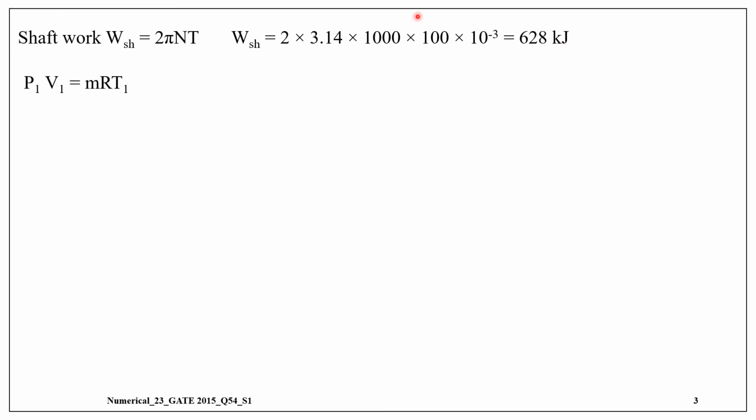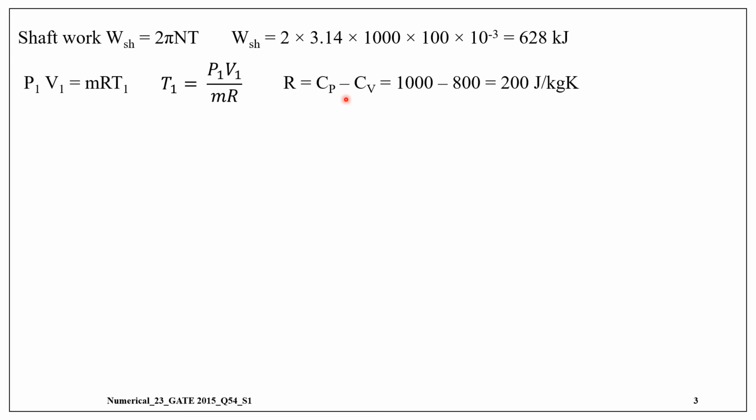And ideal gas equation is P1 V1 equal to mRT1 when applied to state 1. From this, we can find T1. So the equation is rearranged like this. P1, V1, m and R are given. What is this R?